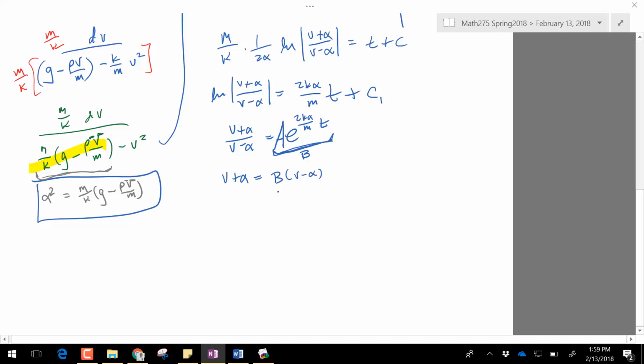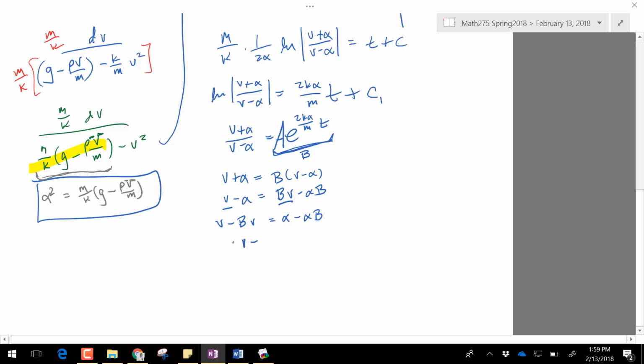And then we distribute: B V, alpha B. So we find the ones with the V, bring that to one side, and then have the ones with the alpha, bring that to the other side.